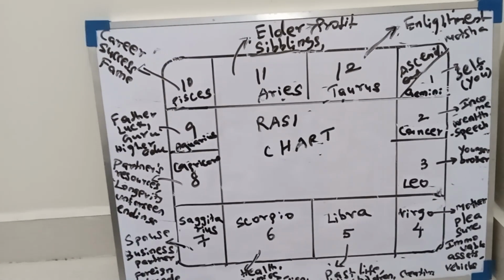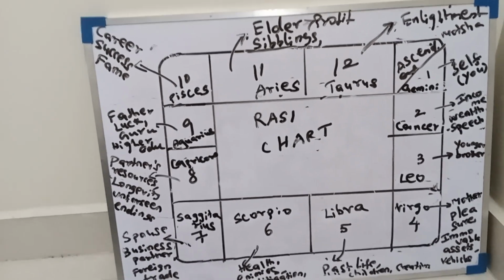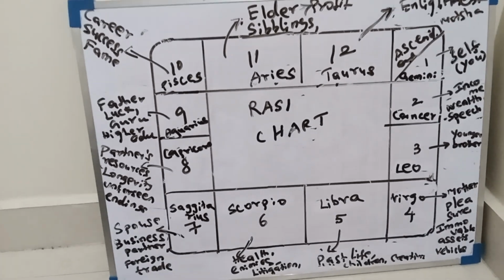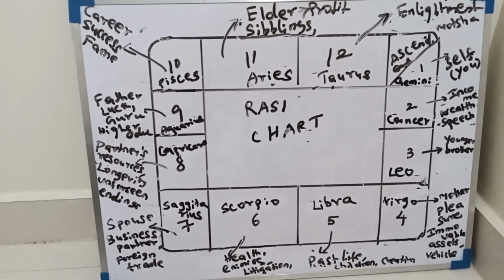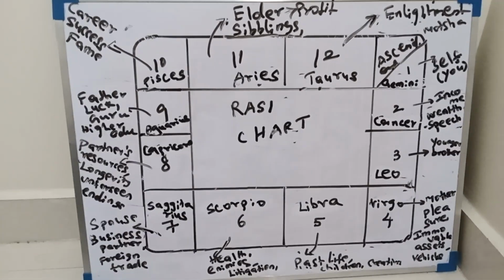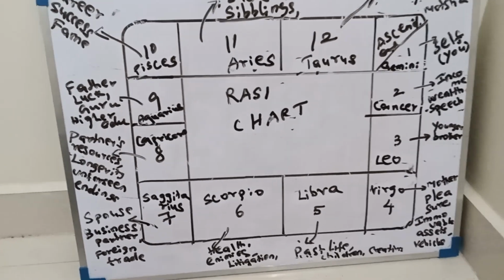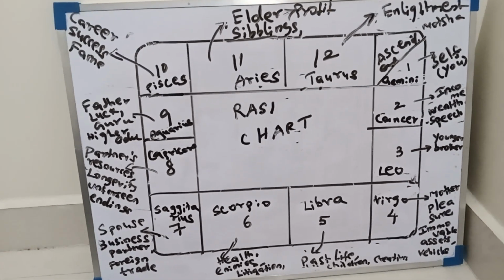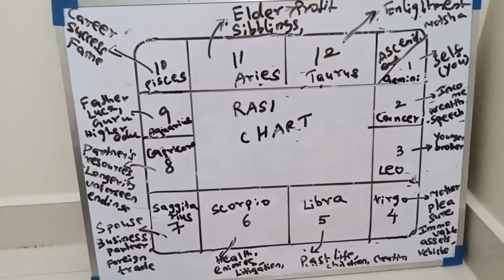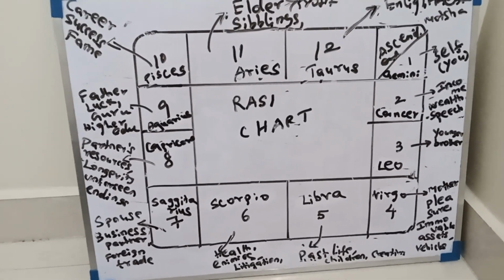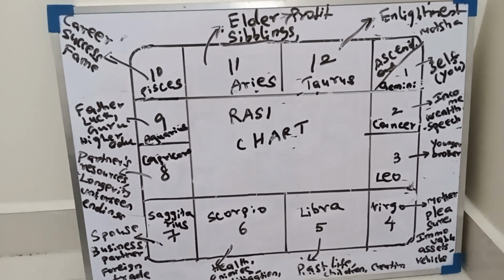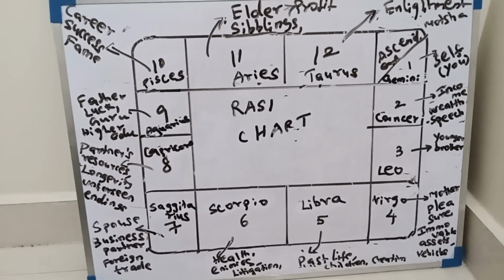Similarly, Sagittarius 7 and Pisces 10 have Guru, Jupiter, as the lord of the house, and the ninth house Aquarius, the lord of the house is Lord Shani. Similarly we have different lords for each of these houses.